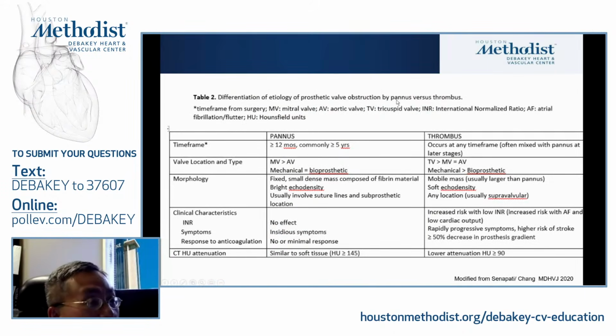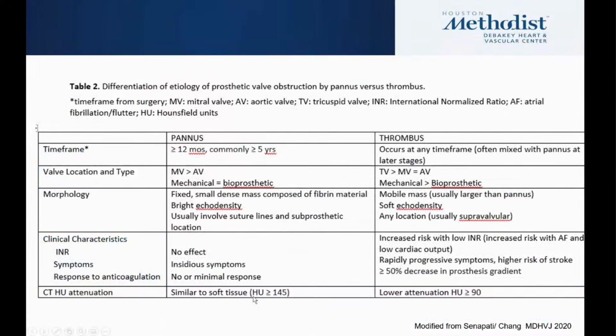So how do we differentiate obstructive prosthetic valve lesion by pannus versus clot? This is not that different from what we learned from TEE. The time frame is a little bit different, but importantly, the Hounsfield unit and the location. Usually, clot has lower Hounsfield unit, and pannus has higher Hounsfield unit, and the location of clot is usually supravalvular, and pannus usually subvalvular.